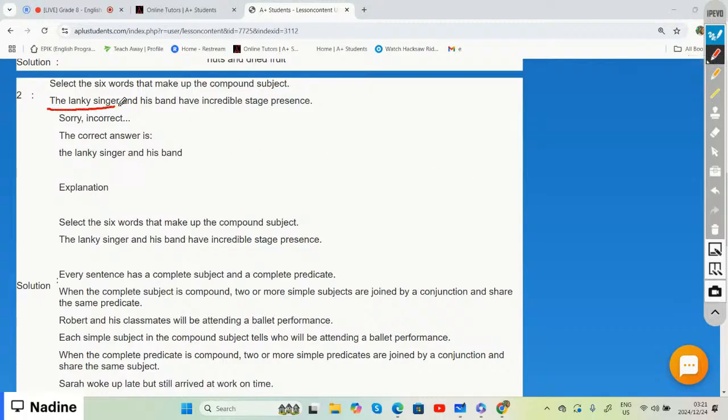The lanky singer and his band, and the word "and" is the conjunction that joins them. So the lanky singer and his band, that is our compound subject.